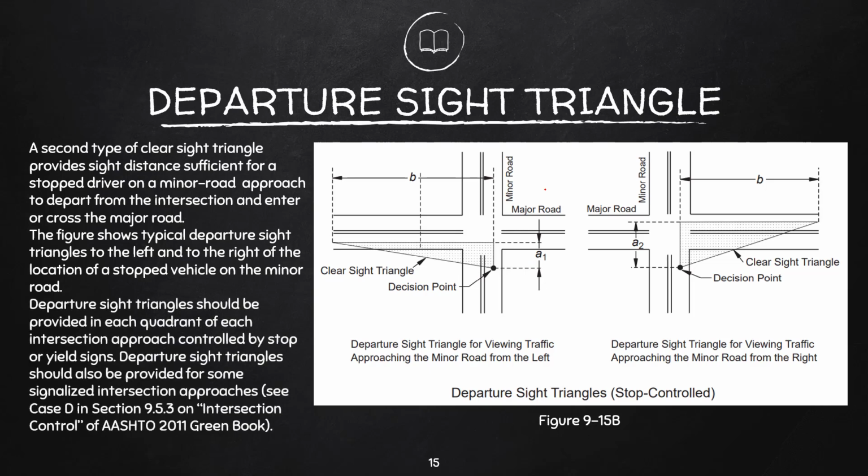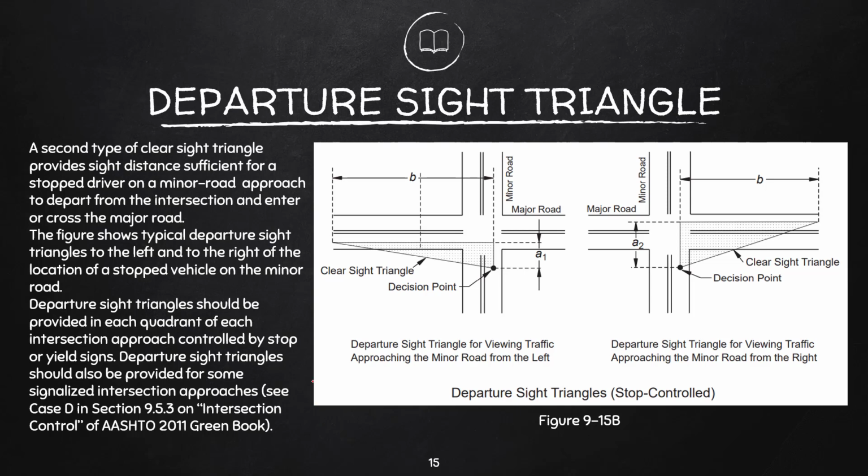Departure sight triangles should be provided in each quadrant of each intersection approach controlled by stop or yield signs. Departure sight triangles should also be provided for some signalized intersection approaches. See case D in section 9.5.3 on intersection control of the AASHTO 2011 Green Book. Later we will be discussing the several cases for intersection approaches.